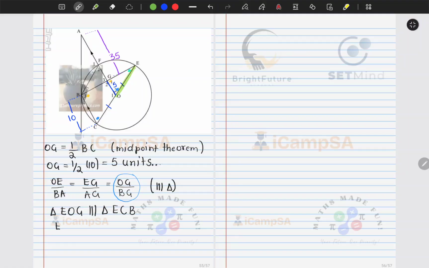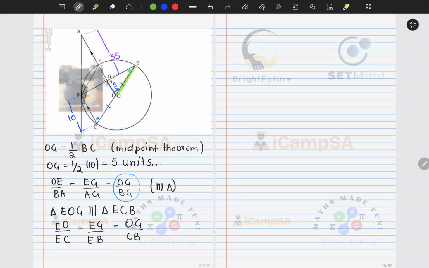So what you see is that you'll have EO divided by EC, and this will equal EG divided by EB, which will be equal to OG divided by, if you observe carefully, CB or BC.